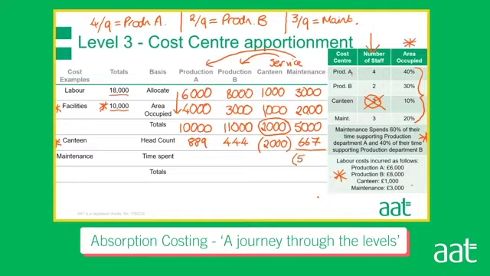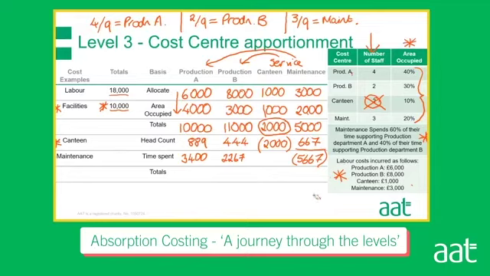I want to recharge it to A and B. So 60% of that 5,667, which again, if I round the answer, I think is about £3,400, goes into department A. The rest, 40%, 2,267, goes to department B. Nothing's going to the canteen. I've recharged maintenance. I've recharged the canteen. All of my costs are now in A and B.